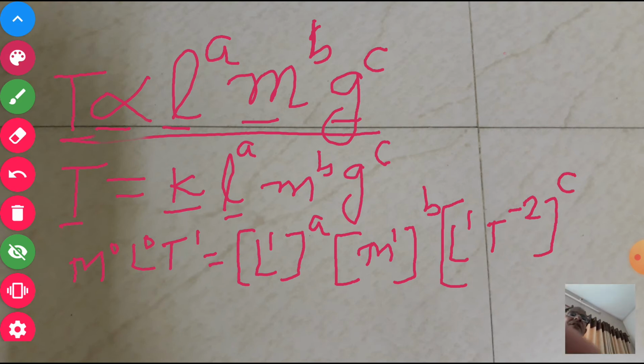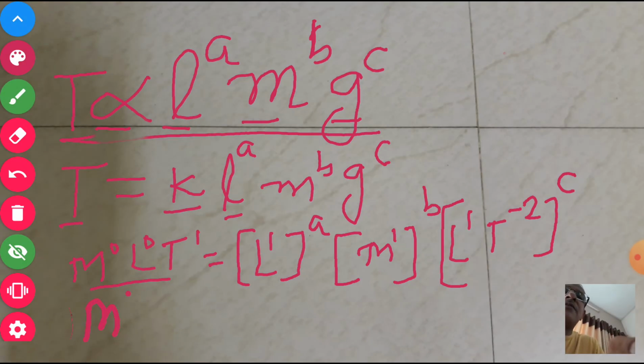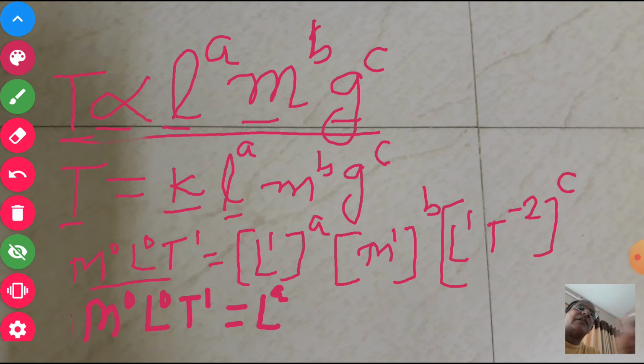Now you just simplify. For the sake of understanding, I write all three. On the LHS it is M^0 L^0 T^1. Now on the RHS, L raised to a becomes L^a. Then M raised to b becomes M^b.